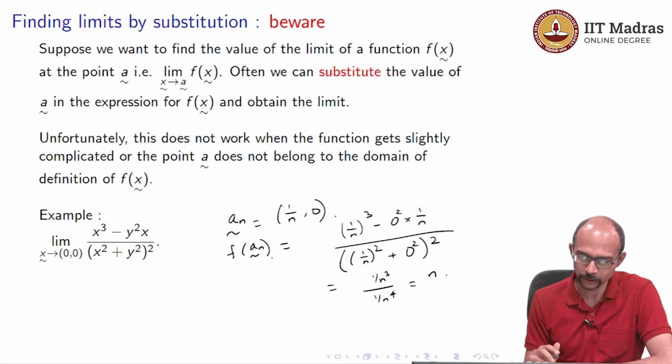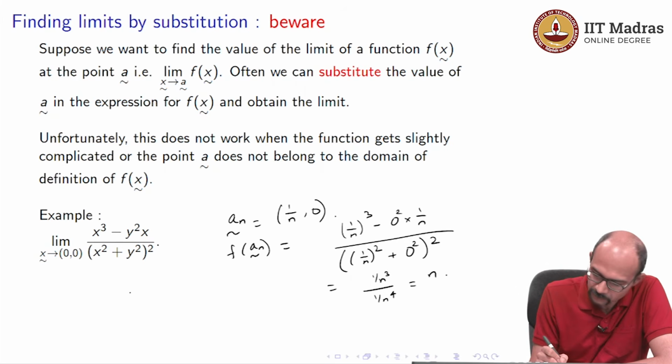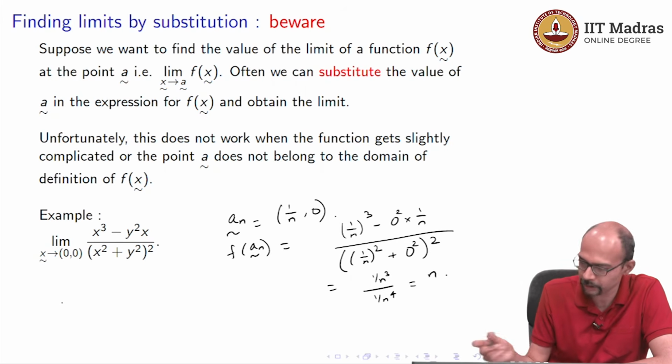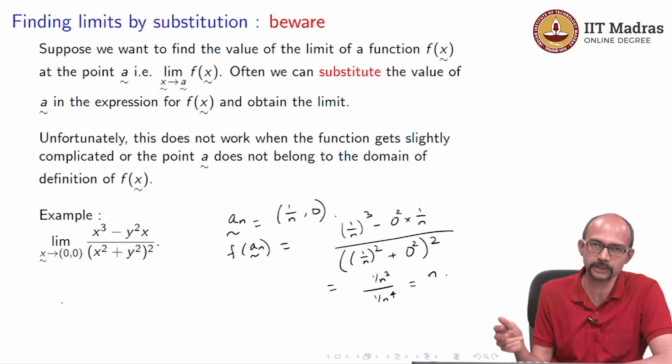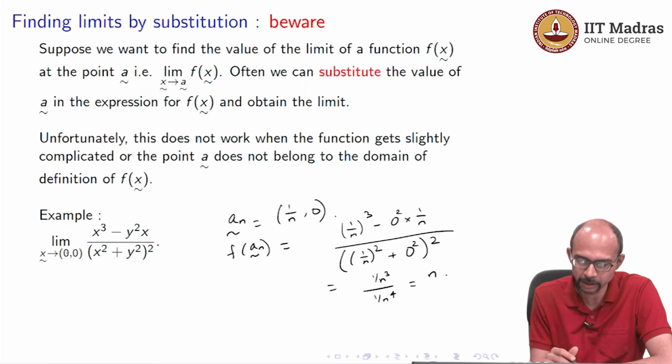There is a sequence for which this function diverges to infinity. In particular, what this means is that the sequence does not have a limit. So, this limit as x̃ tends to (0,0) of this function does not exist.